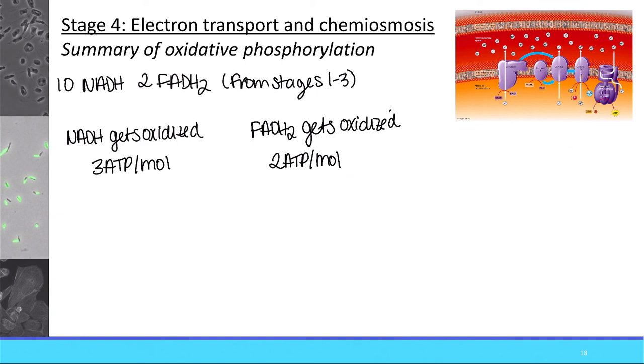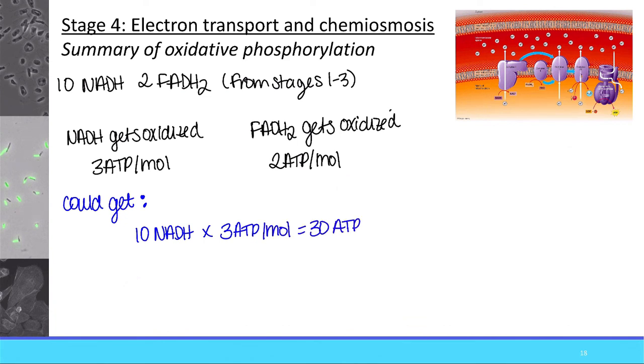So let's use that and do some math and calculate how many ATP we could get. If we have 10 NADH times 3 ATP per molecule, that could be about 30 ATP. We have 2 FADH2 times 2 ATP per molecule, that's 4 ATP.